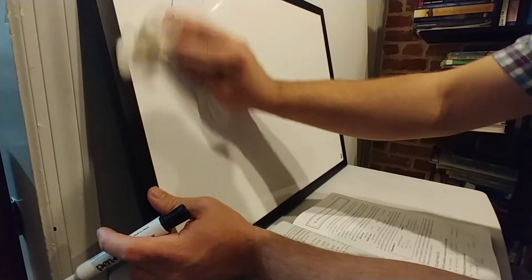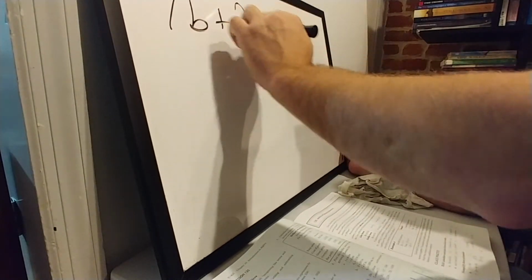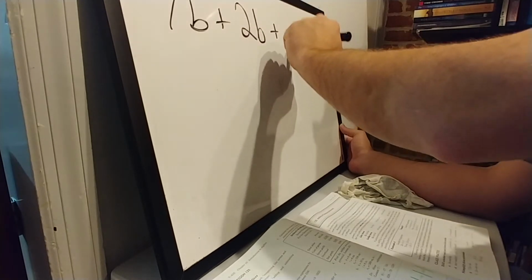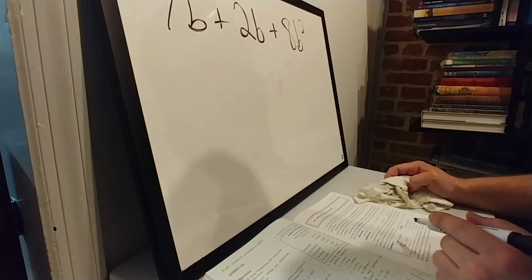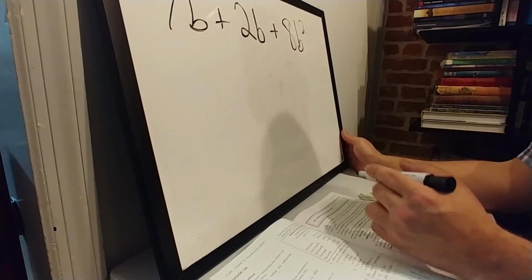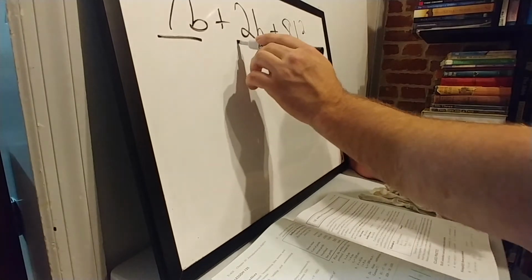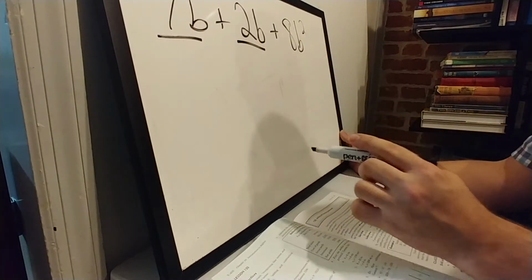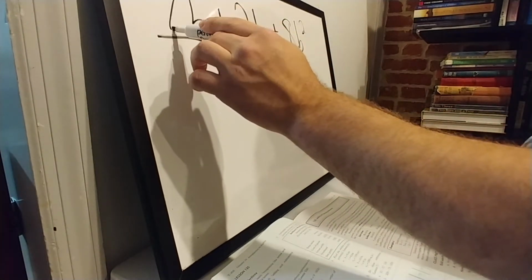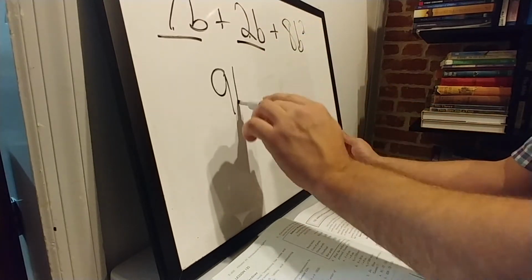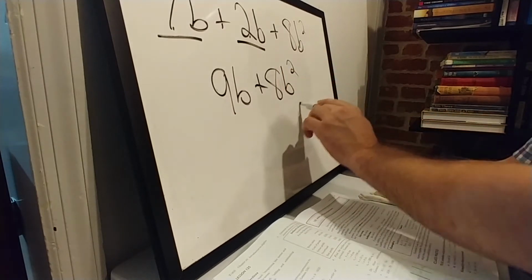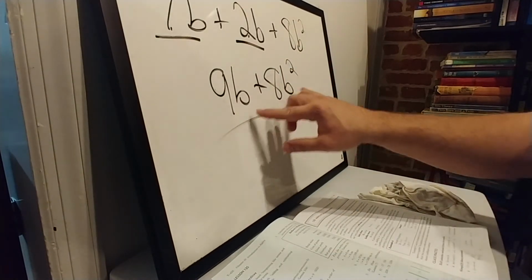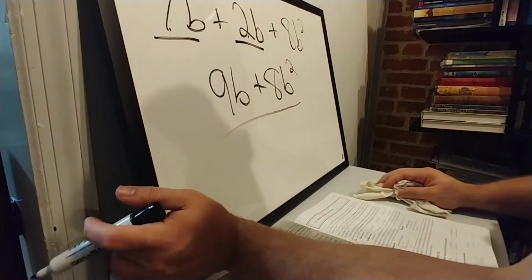Now, let's say you have a problem like this: 7B plus 2B plus 8B squared. They're going to get you to combine as much as you can. So what's like? This one and this one are like, but this one is not because it's squared. So 7B plus 2B is 9B plus 8B squared. That's the furthest you can simplify it because you cannot add these two together, since that one is not like.